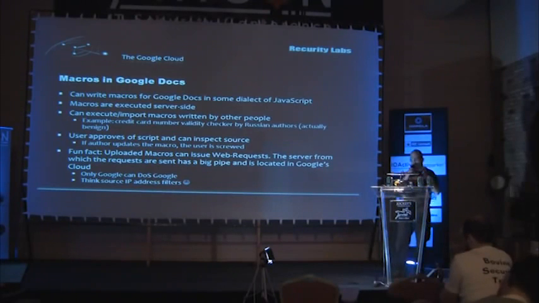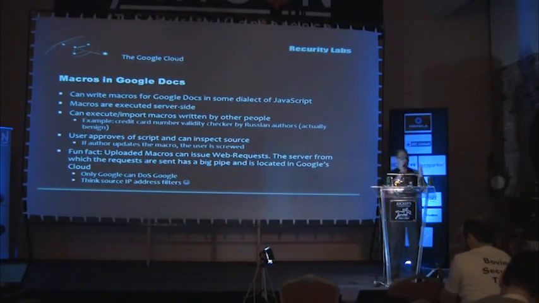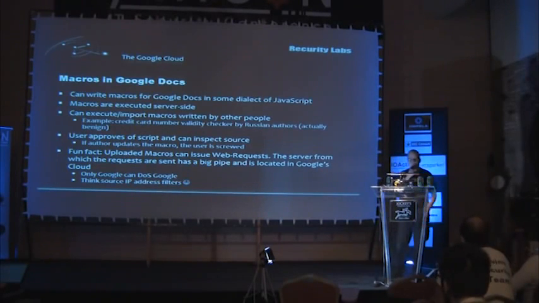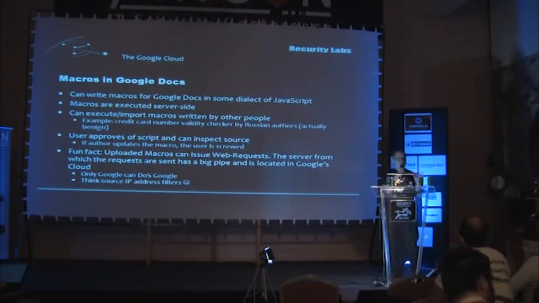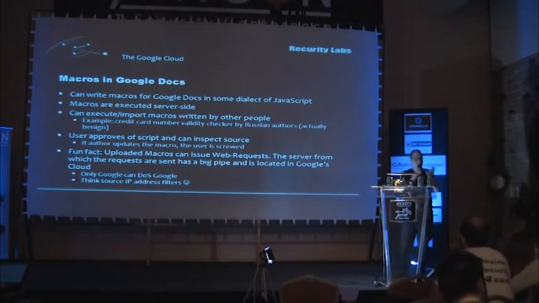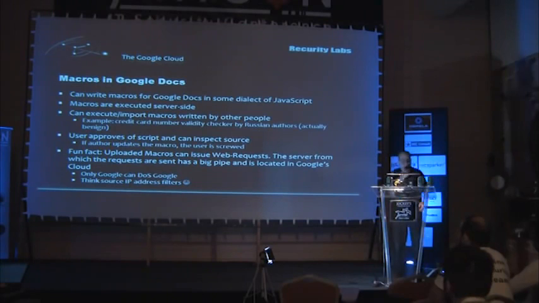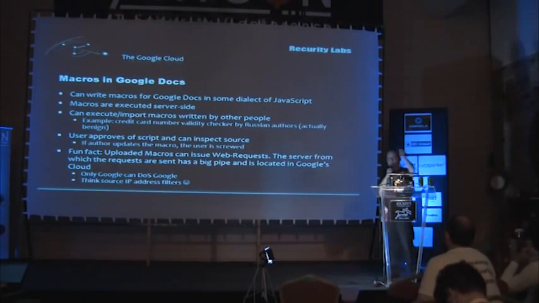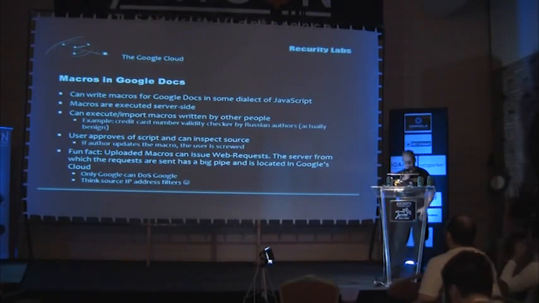What we found really interesting is that one of the leading macros used by the most people on Google Docs is a credit card number validation checker by a Russian. And it's actually legitimate. It's actually not stealing stuff. So it's the one Russian that gets a shitload of credit card numbers and doesn't misuse them. I found this good. But as I said, if he ever turns sides, then everyone is fucked.